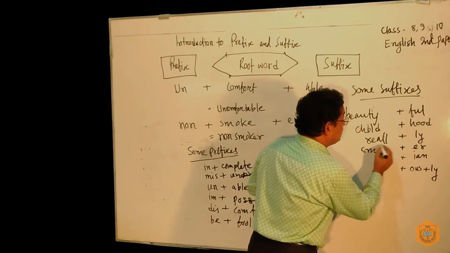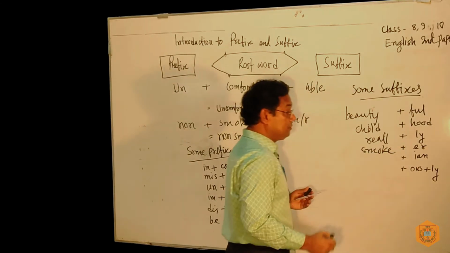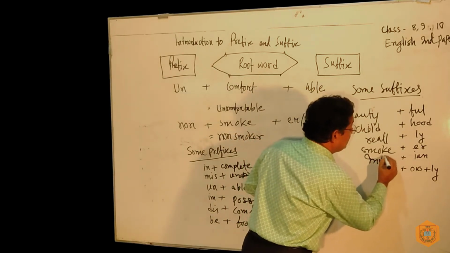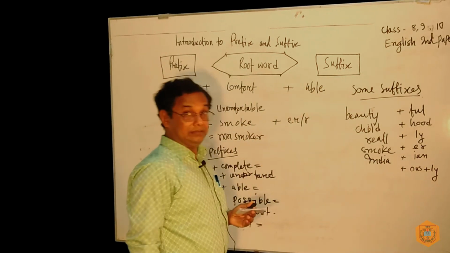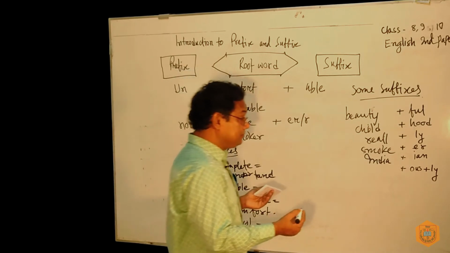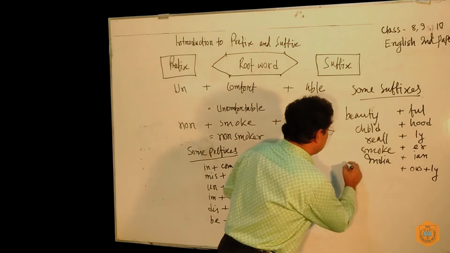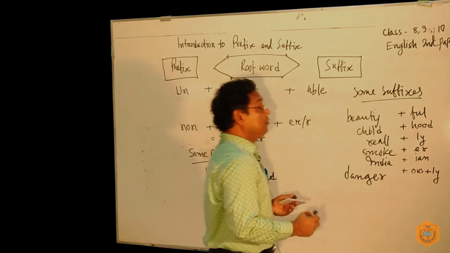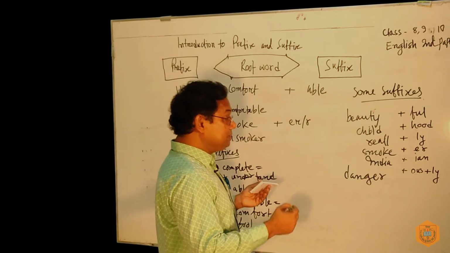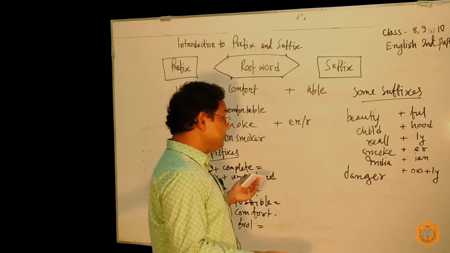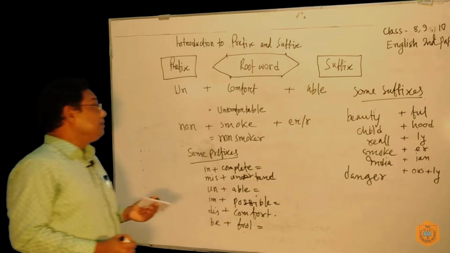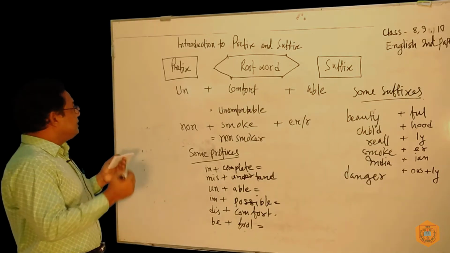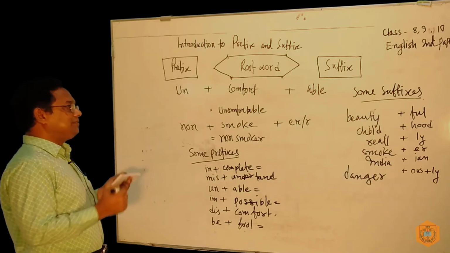Smoke, smoke plus er equal to smoker. India plus an, Indian. Danger plus ous and ly, dangerously. In this way we can make new words by using some prefixes and suffixes.